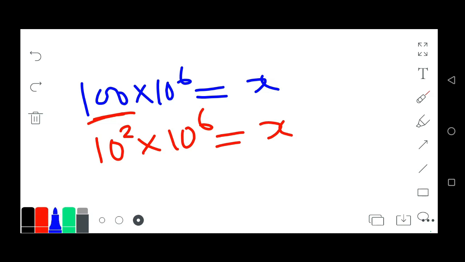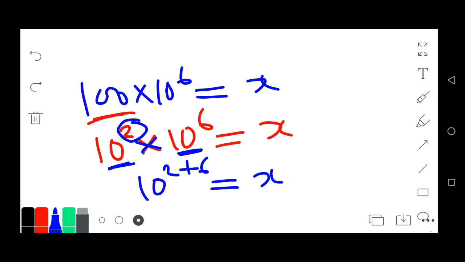And now applying the laws of indices, multiplying the same base, the math operation is a multiplication, so just say 10 to the power 2 plus 6 is equal to x, and this will just give you 10 to the power 8 cubic centimeters equals x.